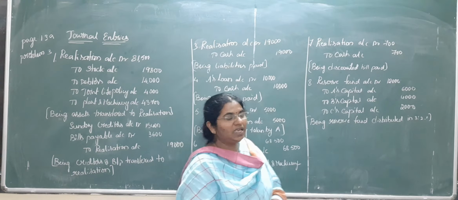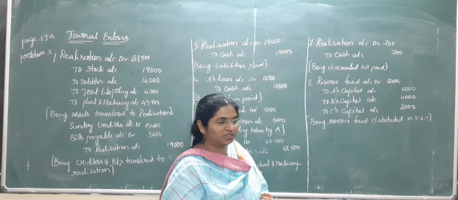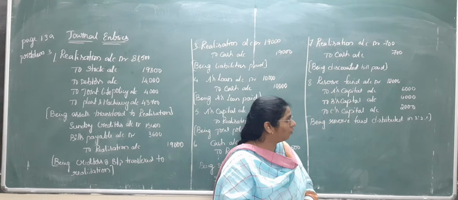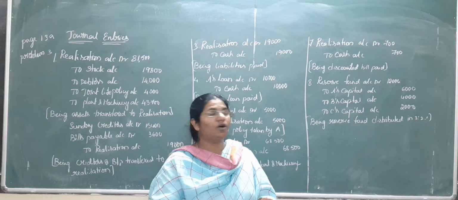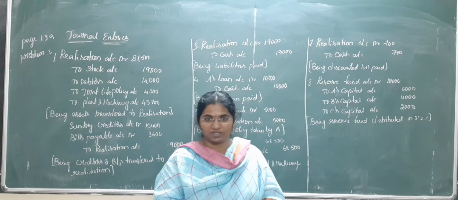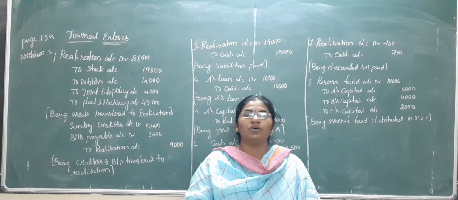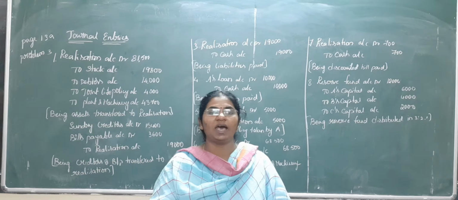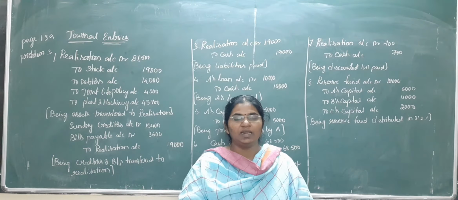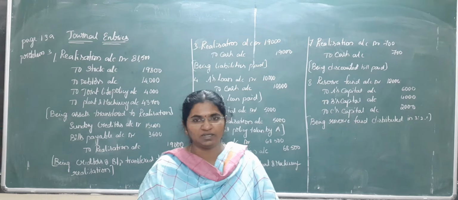That means A will gain 6,000, B 4,000 and C 2,000 out of 12,000.